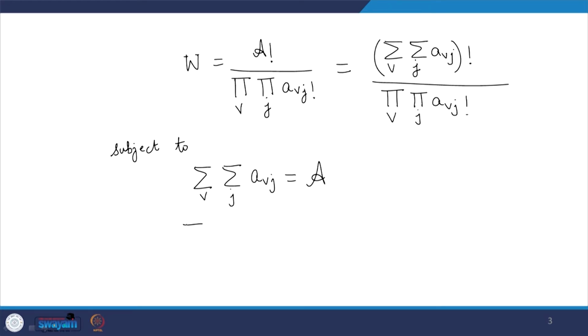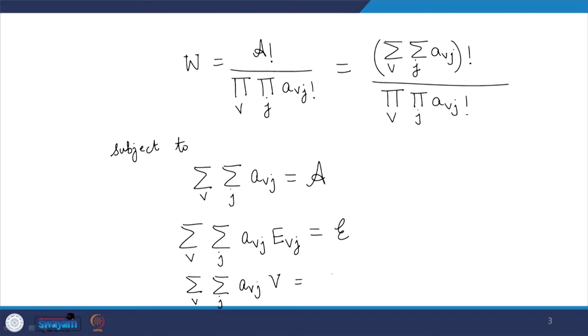So, if I sum over the energy of all the systems in the ensemble, that is going to be a sum over A_VJ and E_VJ, that is the energy of A_VJ systems, that is equal to some constant E. And finally, we can also sum over the volumes in this case. So, if I sum over volume of all the systems, that is equal to some large V.